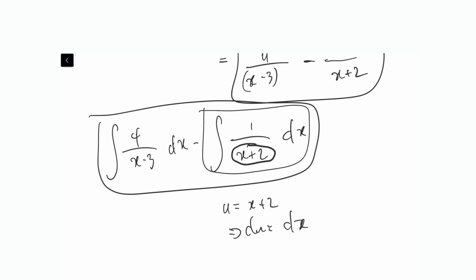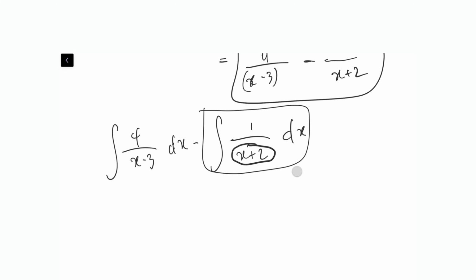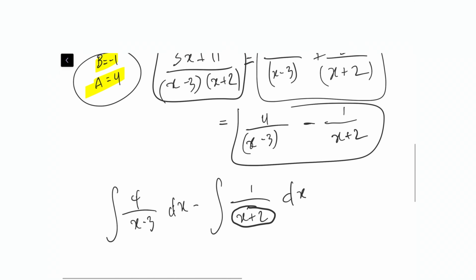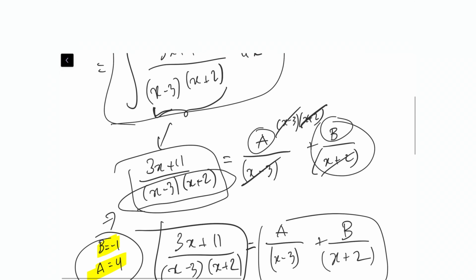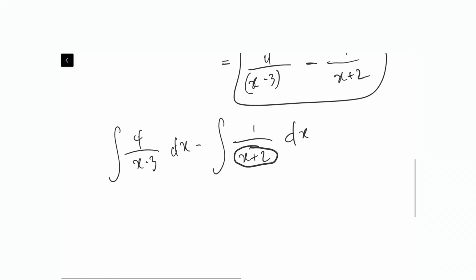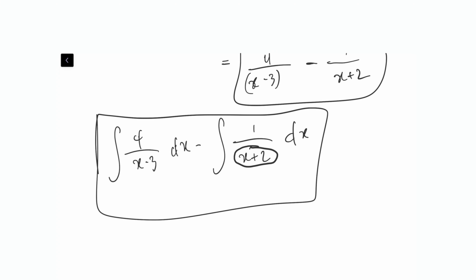When we differentiate, we have this function here, and we do have its derivative in the integrand. Its derivative is 1. So we can certainly use this u substitution method. My main point was just to explain the partial fractions part. So that's how we use partial fractions to go from a fairly complicated integral to a simpler version.